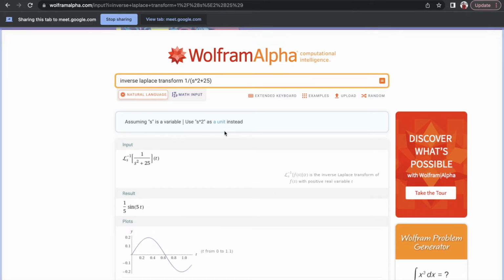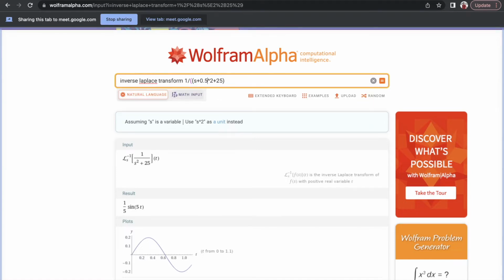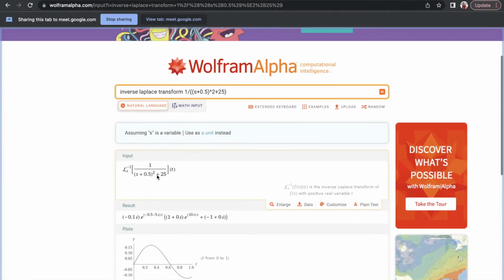Now as the second condition, my poles were minus 0.5 plus or minus 5j. So what I will do, just add plus 0.5s. Look, this is the condition.